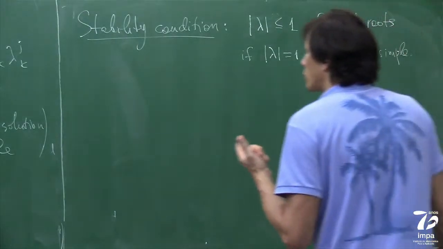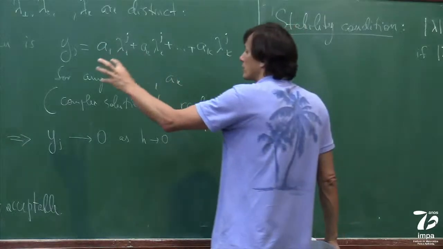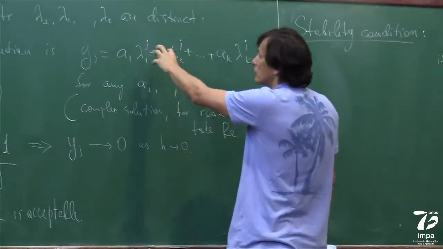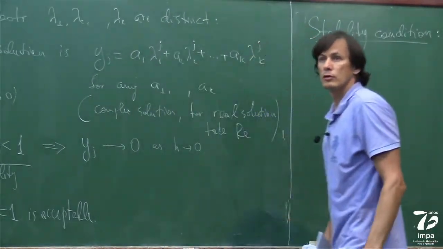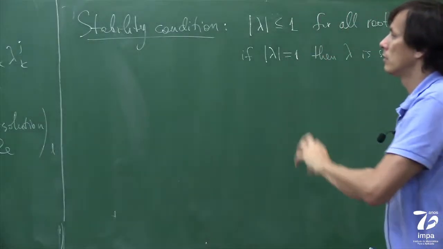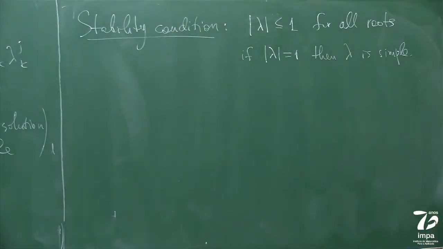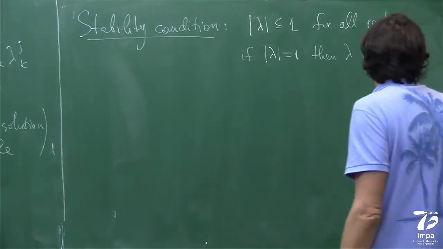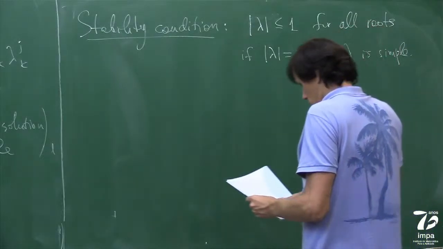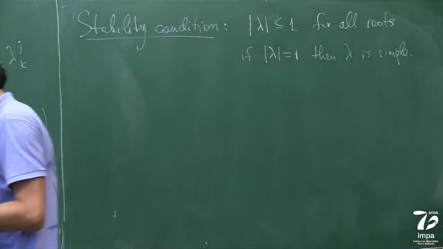Because when you have two equal roots with absolute value 1, you get some extra terms which explode. They don't explode in such a violent exponential form, but they explode in the power law form. So there will be exploding terms. And that's it.